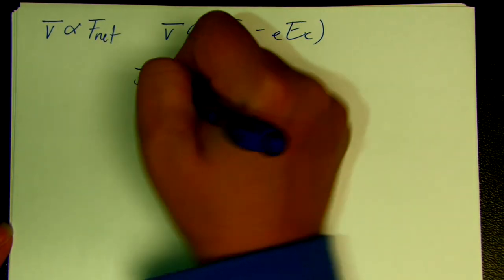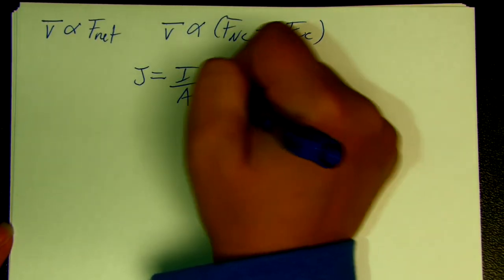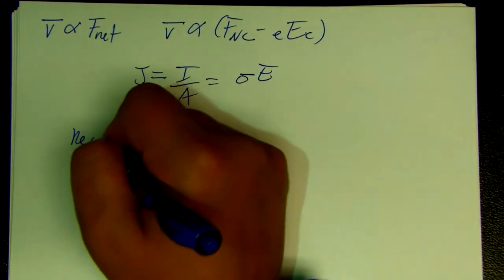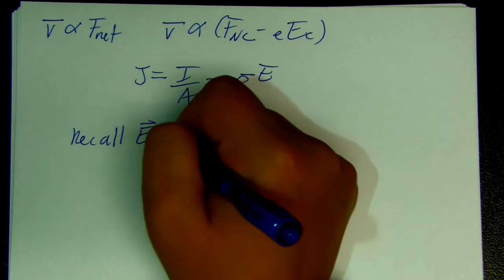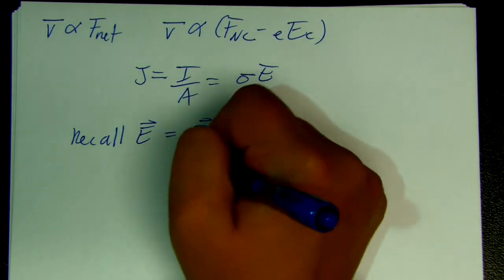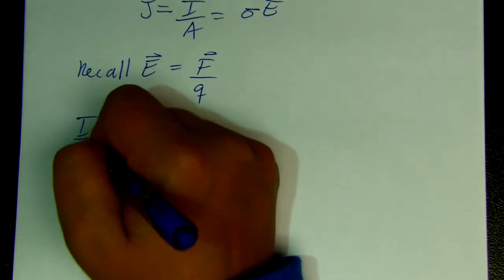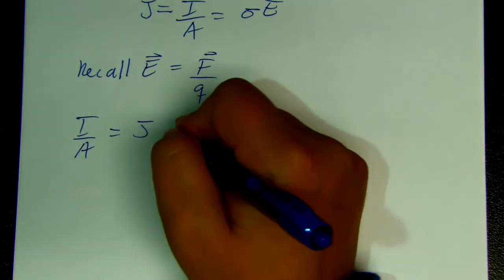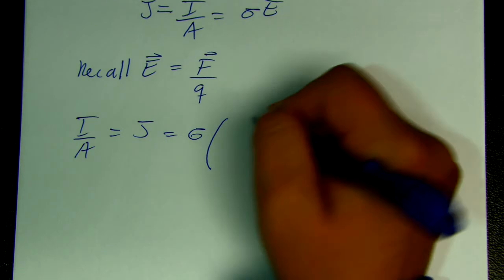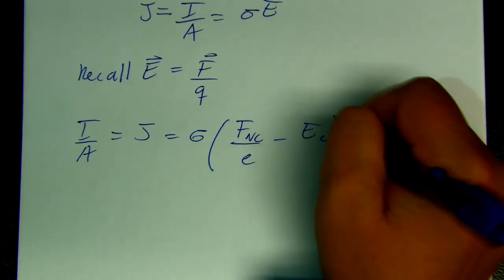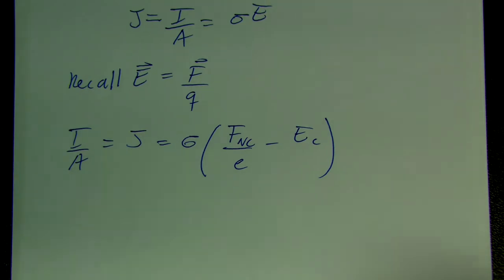So J is equal to I over A, which is equal to sigma E. And if we recall, the electric field is equal to F over Q. And so we have I over A is equal to J, which is equal to sigma times (F_NC over E minus E_C). All we've done is a little bit of algebra.